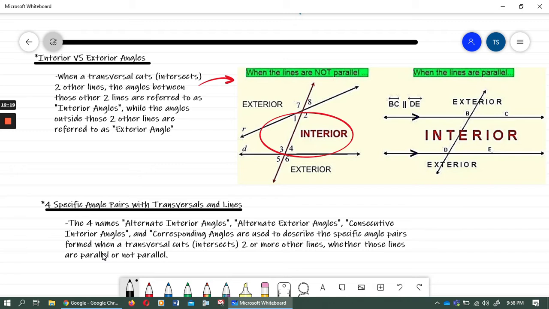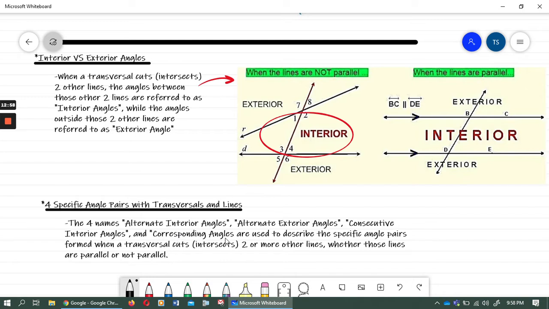So the four names here: alternate interior angles. And you see how that name actually includes interior angles? Yeah, that's important. We'll discuss exactly what those angle types are and how they look, trust me, in just a moment. But let's handle this right here first. The four names: alternate interior angles, alternate exterior angles, consecutive interior angles, and corresponding angles.